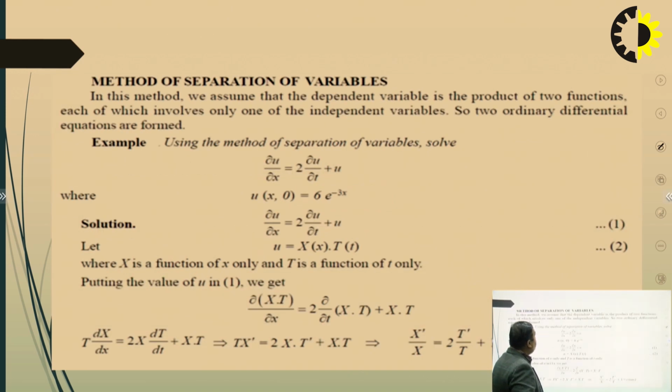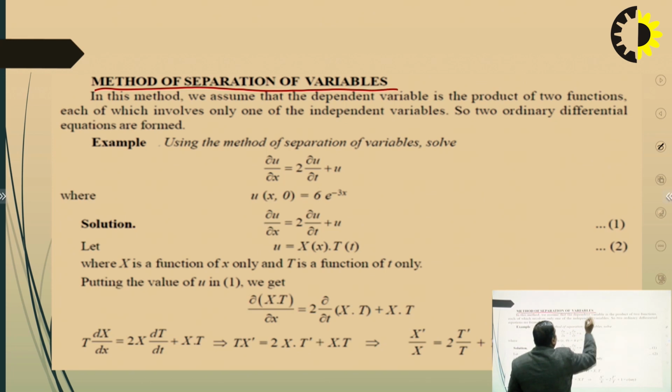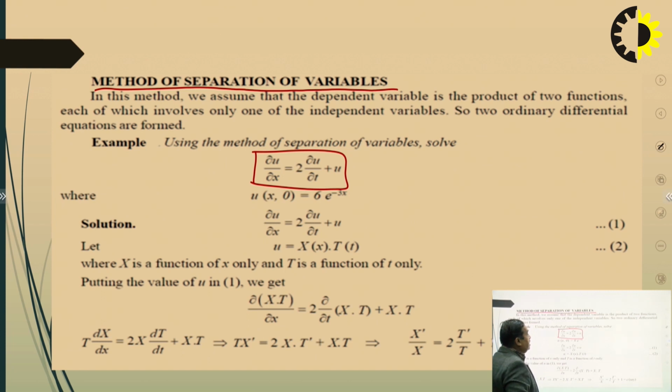That is the classification. Now we shall take the method of separation of variable. Separation of variable means there occur two types of function, x and y, or x and t. Now let us take the example: del square u over del x square is equal to twice del u over del t plus u, and the value is given u(x, 0) is equal to 6 e to the power minus 3x.